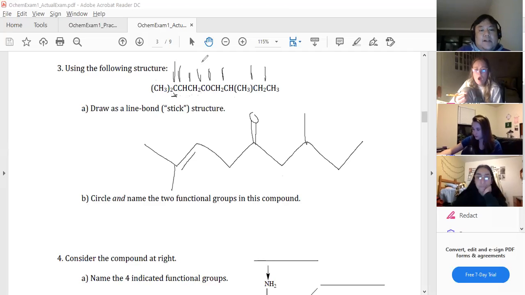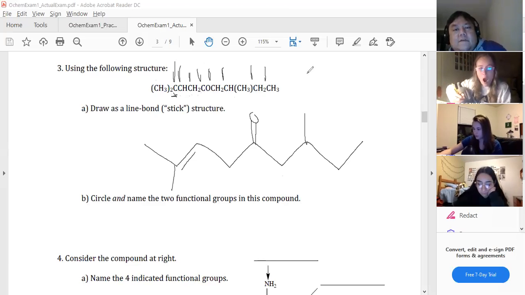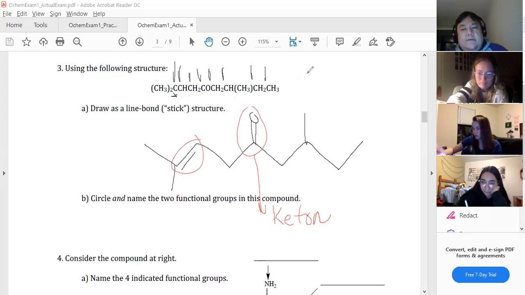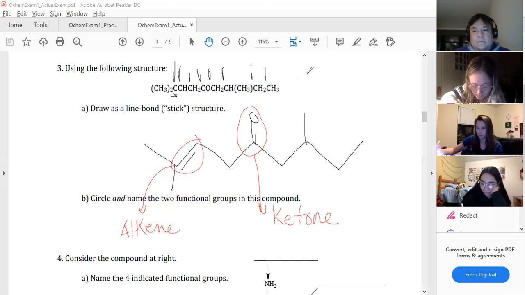So circle and name 2 functional groups of the compound. You do have 2 functional groups in this compound. Functional group A, functional group B. What's this one called? Ketone. This one? Alkene. Double bond alkene, right?